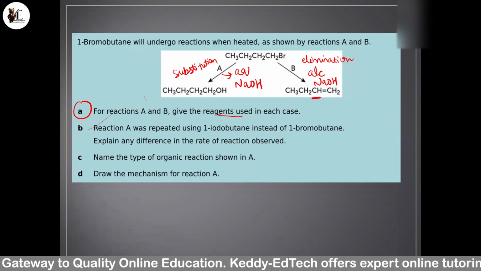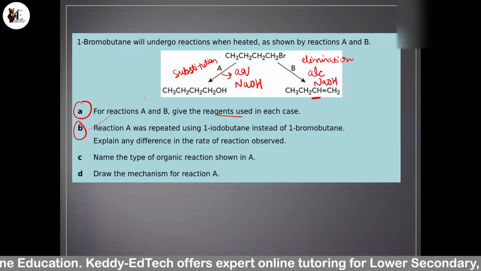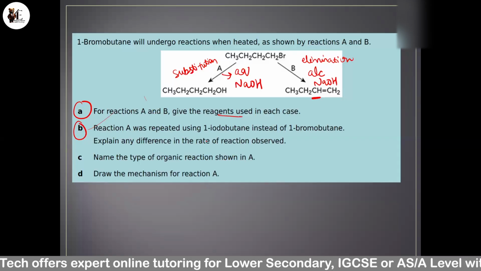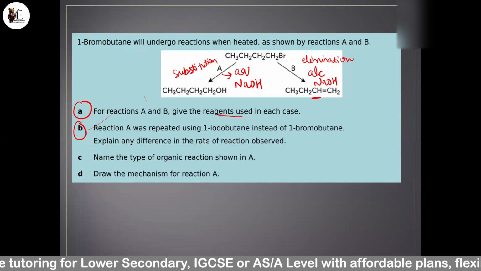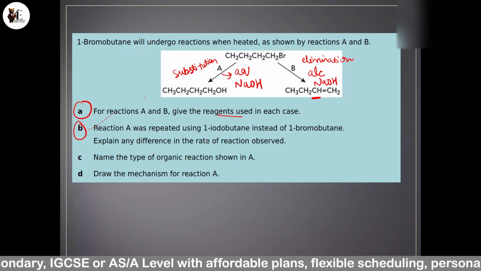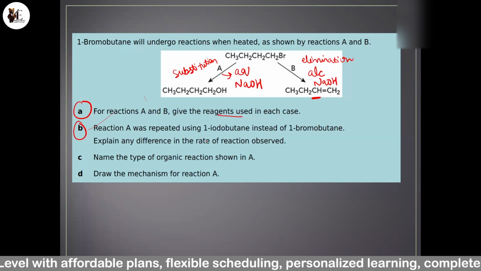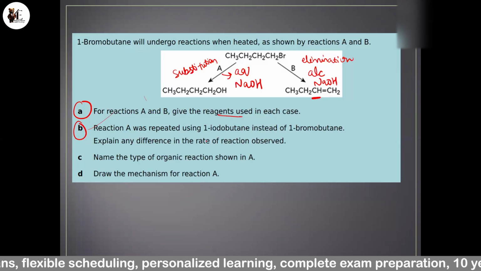Next question, solve it. Reaction A was repeated using 1-iodobutane instead of 1-bromobutane. So what should be the difference in the rate of reaction? Is it fast or slow with 1-iodobutane?